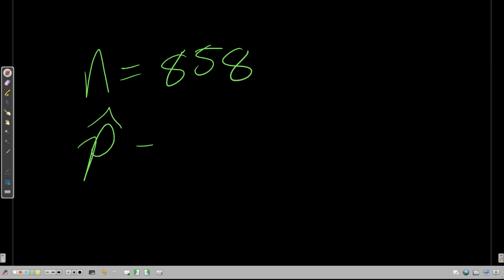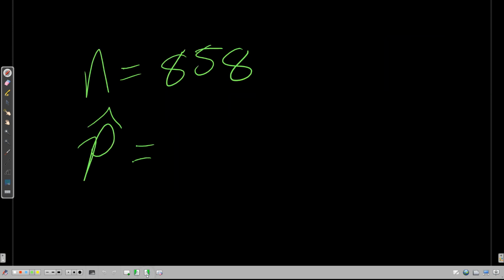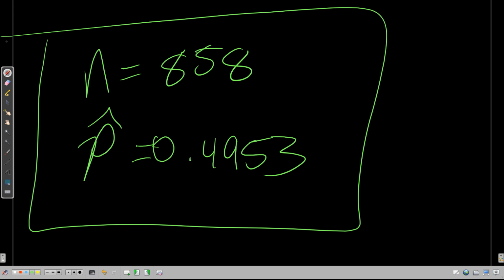So n is our sample size, and that was 858. And now p hat, we got p hat earlier, and I'm going to use the decimal approximation to p hat. We got it as 0.4953. So if I'm going to calculate that error here, I need these two numbers.